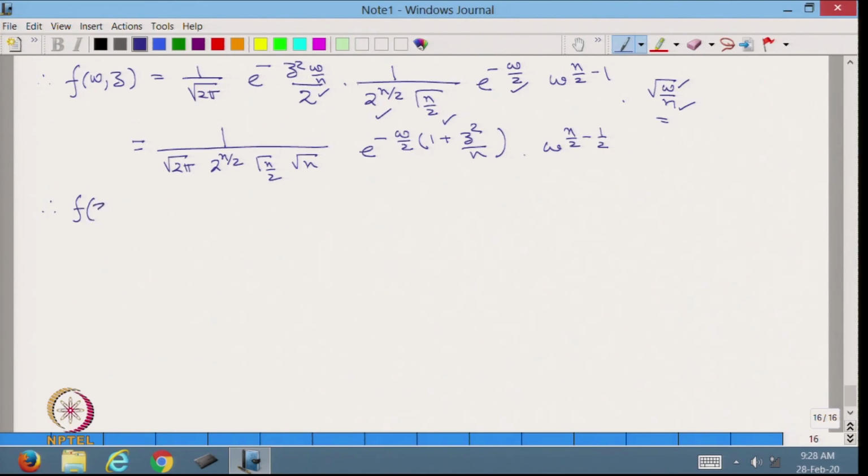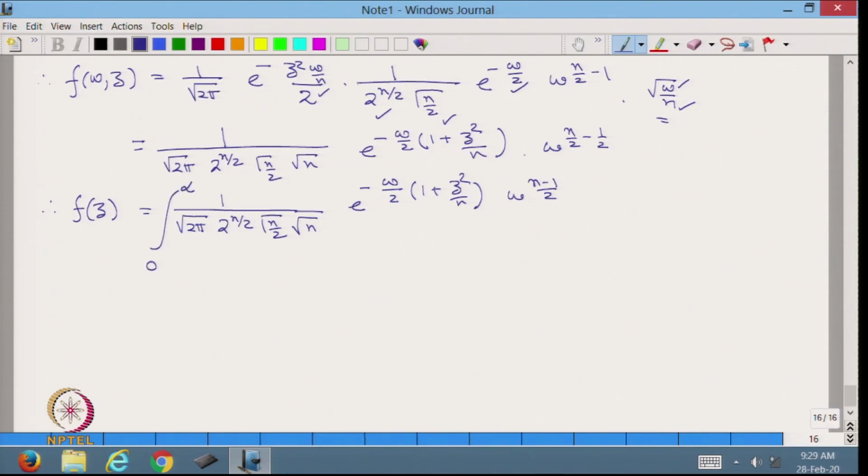Therefore, f of z is equal to, we are integrating out w, therefore, taking out the constant 1 over root over 2 pi 2 to the power n by 2 gamma n by 2 root over n, e to the power minus w by 2 into 1 plus z square by n, w to the power n minus 1 by 2, and I am integrating it from 0 to infinity with respect to d w.